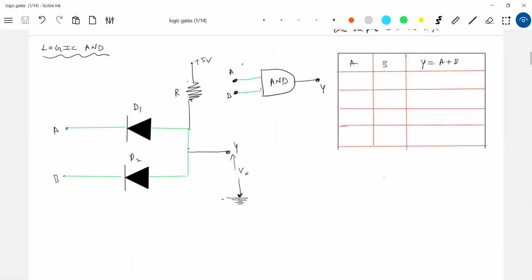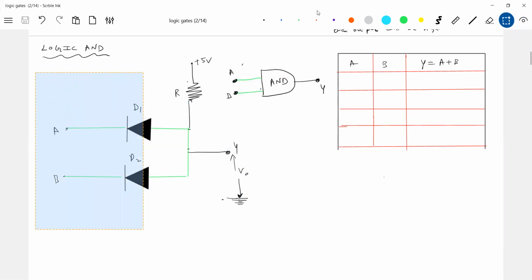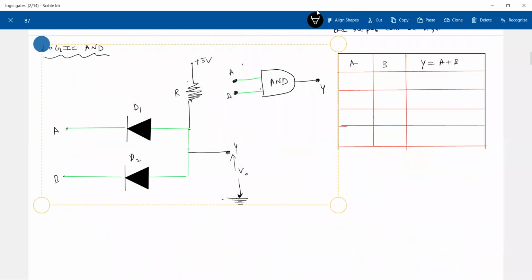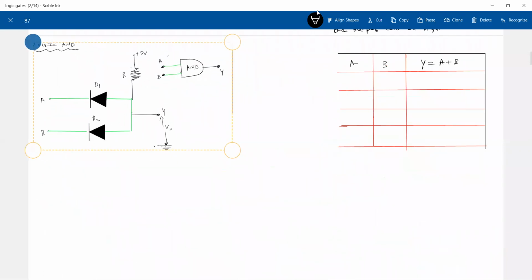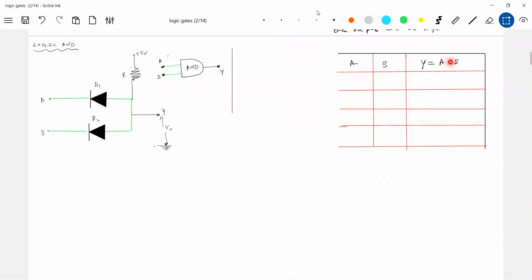Okay, let's come to the logic AND operation. Again, similar, we'll go through the working of this circuit, how that AND operation will be introduced here. So what is the symbol now? Here it will be a dot.